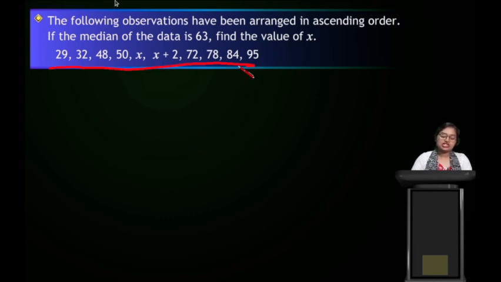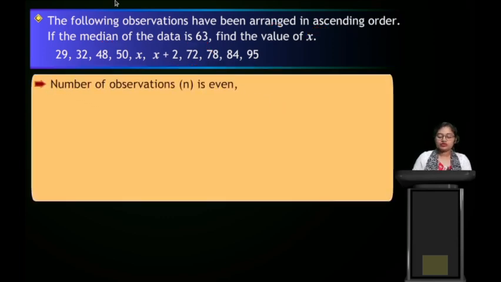As in the question you can see, they have already told us they have arranged these numbers in an ascending order, so we need not do it once again. The median of the data is 63. So here the median is given, but we have to find out the value of x. So this is the question.